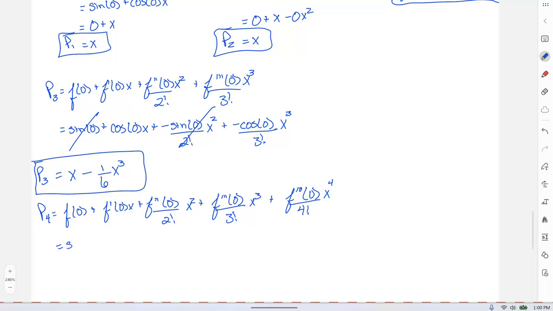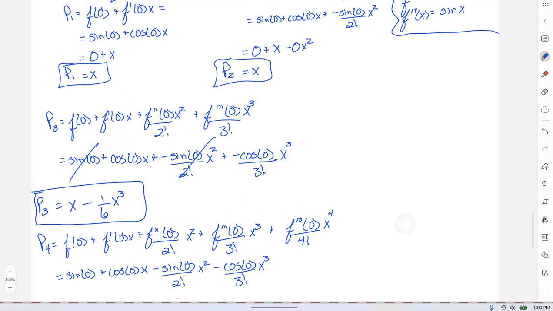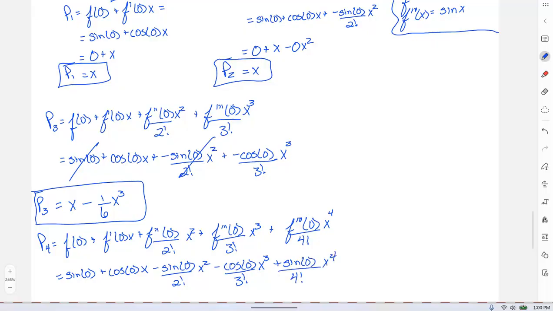So this would be sine of 0 plus cosine of 0 times x minus sine of 0 over 2 factorial x squared minus cosine of 0 over 3 factorial x cubed plus, and now we're back to sine of 0 over 4 factorial x to the fourth.